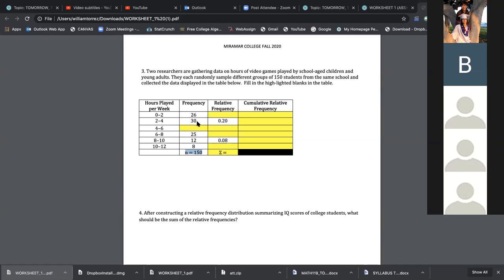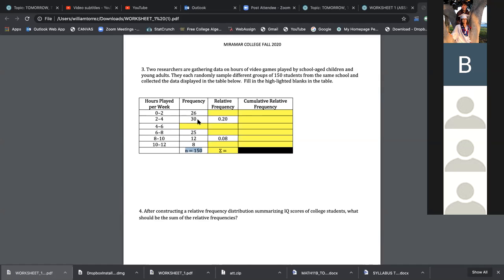Okay. Now, Vivica, can I keep you on the hot seat here? What would be the percentage in this second class? Remember, there were 30 out of 150 that responded they played between 2 and 4 hours. So what is the frequency of this class here between 2 and 4? 30? Yes. And then the relative frequency would be what? 0.20.